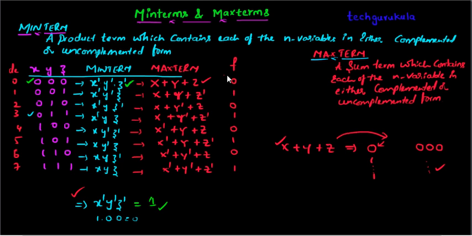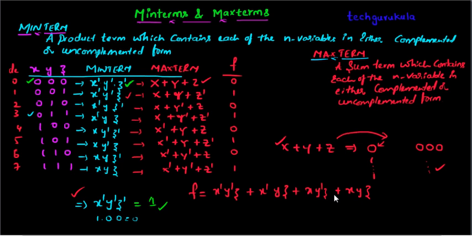So we need to represent this function. We can represent it in terms of minterms and also in terms of maxterms. If I want to represent this in terms of minterms, I can write the sum of x bar y bar z, plus x bar y z, plus x y bar z, plus x y z.